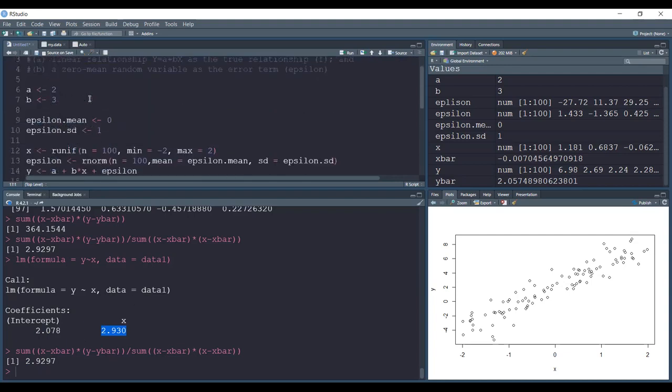That's what we started with, 2 and 3. Our estimates are these two. Now, since they are estimates, that leads us to two questions very naturally. How good is the estimate? What kind of error is there associated with that estimate?